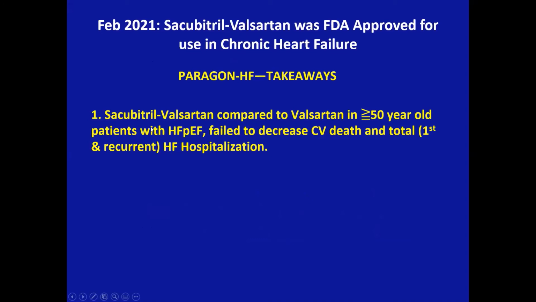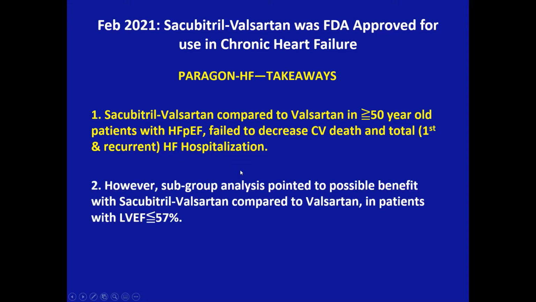This study compared sacubitril-valsartan to valsartan in patients equal to or greater than 50 years with heart failure with preserved EF, and they looked at cardiovascular death and total hospitalization. It was actually a negative study, but the subgroup analysis pointed to some benefit in patients receiving sacubitril-valsartan whose EFs were equal to or less than 57%.